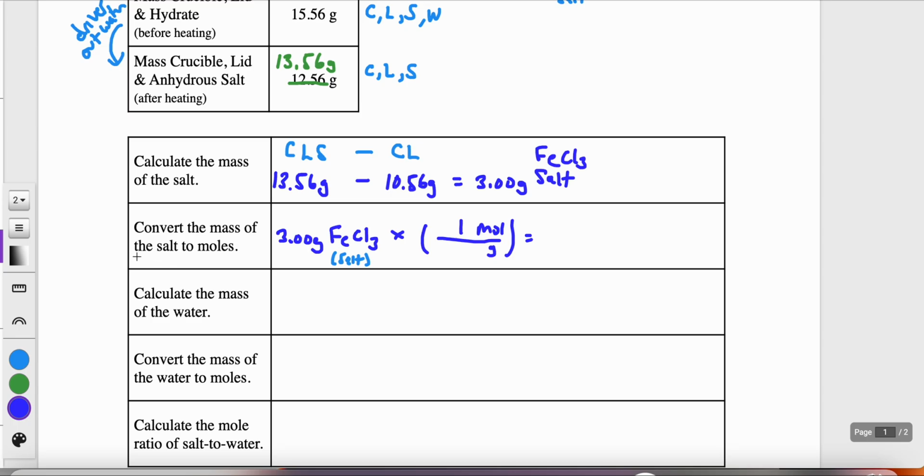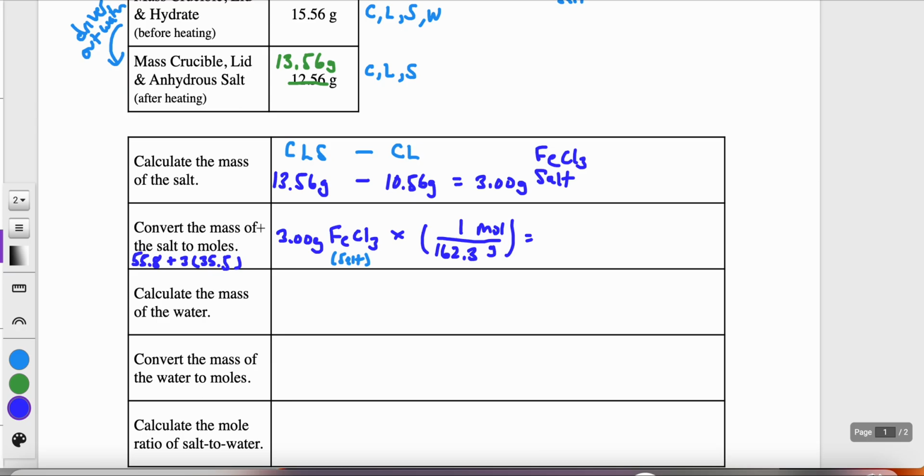And so the GFM is you have 55.8 for the 1 Fe atom plus 3 times the mass of the chlorine, which is 35.5. And when you put that in the calculator, 1 mole of this iron 3 chloride salt has a mass of 162.3 grams.